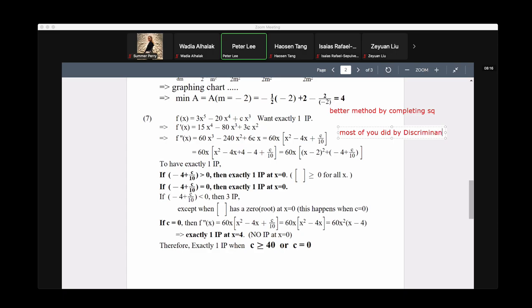Now the difference is whether you're using the discriminant or by completing square, you are exactly doing the same thing. But the only problem is, if you solve the problem by discriminant, you're not exactly sure what's going on. You cannot really see what's going on. Because the discriminant looks much easier, and also if you do this by discriminant, you have to assume a lot of things.